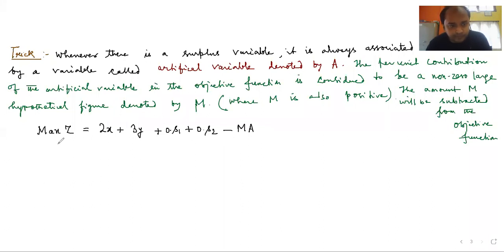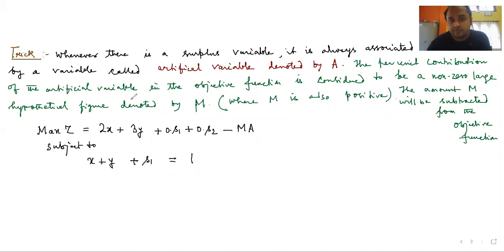Subject to x plus y plus S1 equal to 1. Here, the artificial variable will not be present in the first equation, because I have written already that an artificial variable is always associated with a surplus variable.